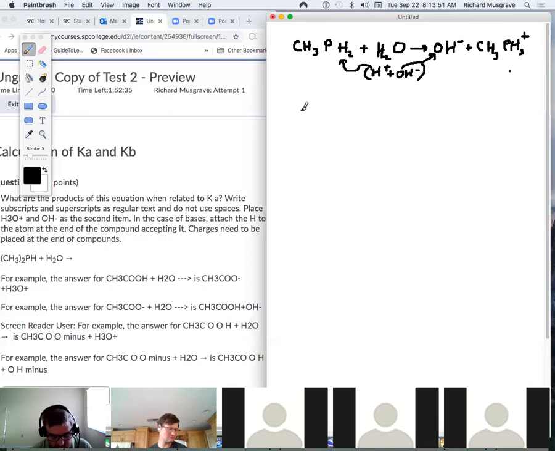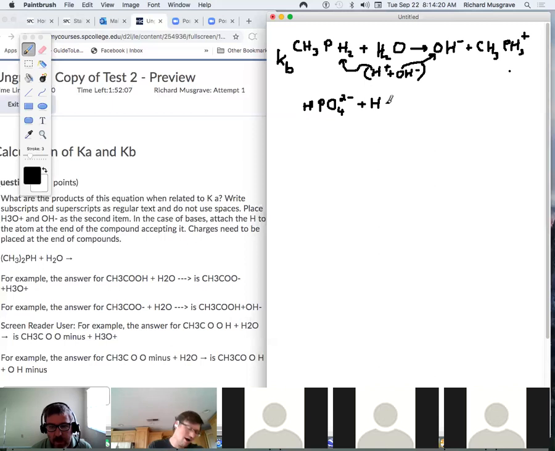All right, let's ramp this up a little bit. Let me show you another example. Let's say we had HPO4 2 minus plus water. And again, we're talking about Kb, and let me be real clear about this.